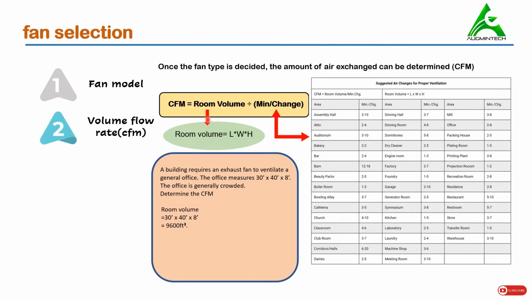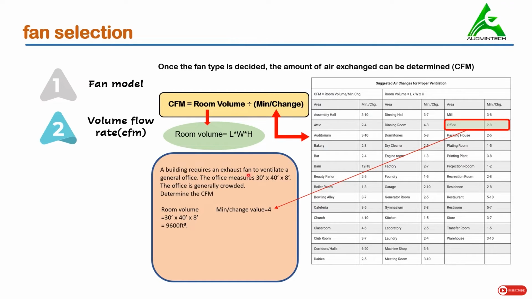To do that, first we'll calculate the room volume. Since all the three dimensions are given, we can multiply them to find the volume of the room in cubic feet. Then to find the minutes per change, we refer to this table because we are talking about an office. So we'll select the column of office. Here we see that the value is given anywhere between 2 and 8.